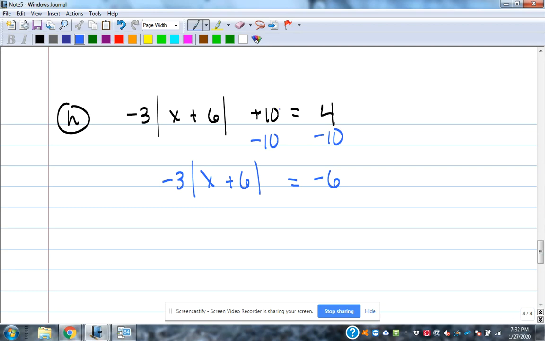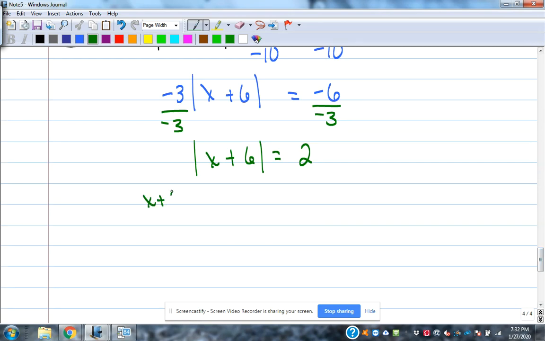I got to get the absolute value completely by itself before I can decide. So I got to get rid of this -3 before I do that. And then there we get absolute value of x plus 6 is equal to +2, which does have solutions. So they'll try to throw some stuff in there, some little curveballs, change-ups, and try to get you looking at it and trying to quit early.